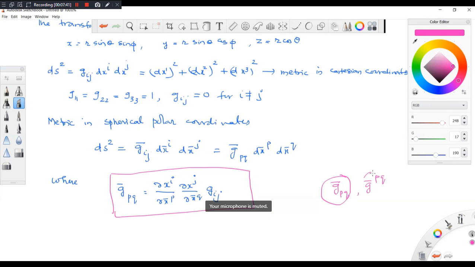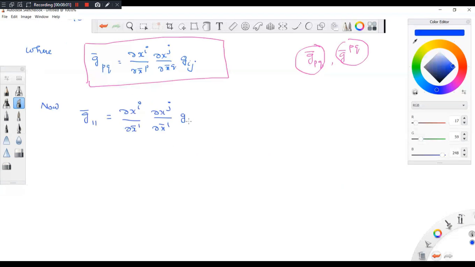Now, g bar 11. What is g bar 11? g bar 11 is equal to p and q equal to 1. So it will be del xi by del x bar 1, del xj by del x bar 1, gij. So how many terms? There is summation over i, there will be 3 terms, because gij for i different from j are 0.